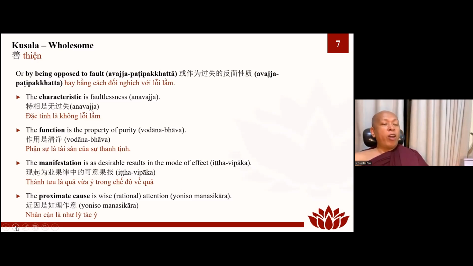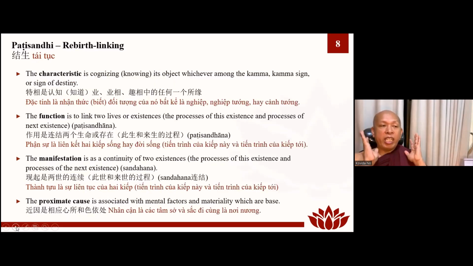Then for resulting consciousness, we already said, right? Eight resulting consciousness, eight functional consciousness, right? But this time, the rebirth consciousness. The characteristic is recognizing, knowing its objects, whichever among the karma, karma sign, or sign of destiny.